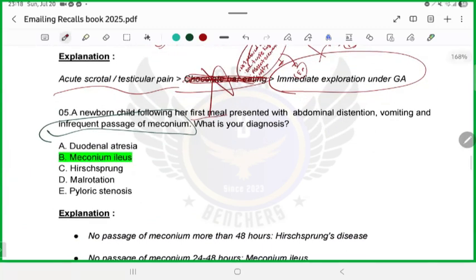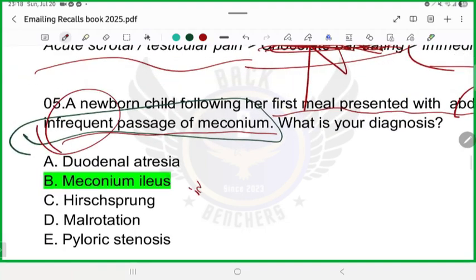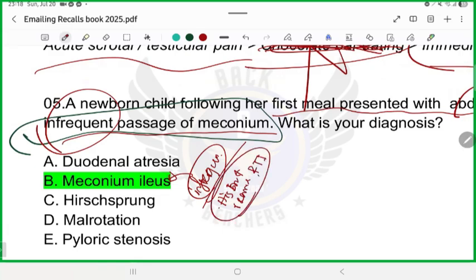A newborn following the first meal presented with abdominal distension, vomiting, and infrequent passage of meconium. That means meconium is passing but infrequent. That's meconium ileus. If they give that his brother has recurrent respiratory tract infections, that's also meconium ileus.